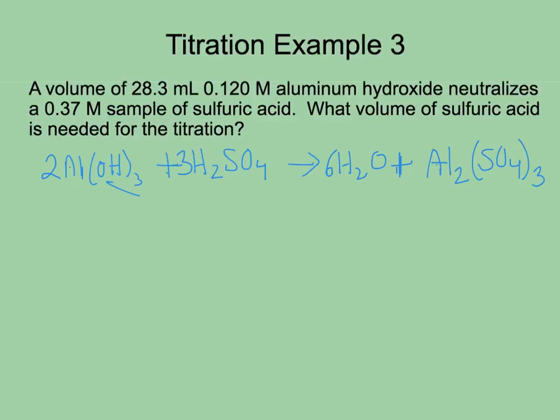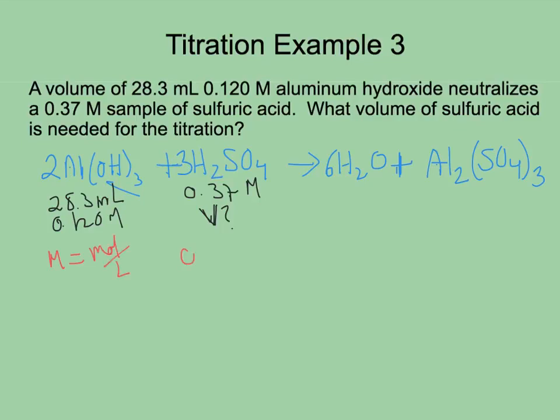I'm going to write down what I have. I have 28.3 milliliters, and I know that it's 0.120 molar. My H2SO4, I know it's 0.37 molar, and I'm trying to find the volume. All right, so first I'm going to find the moles of the substance that I have information about. That would be the aluminum hydroxide. So molarity is moles per liter.